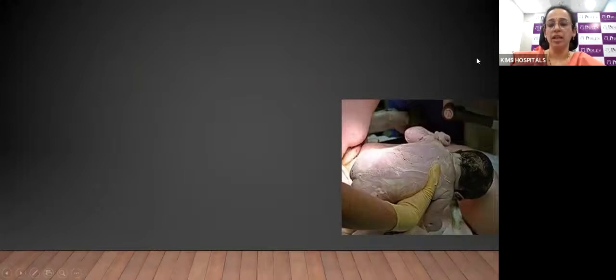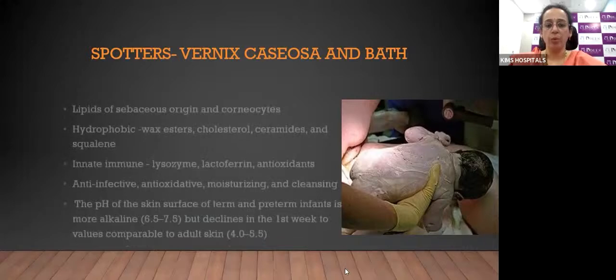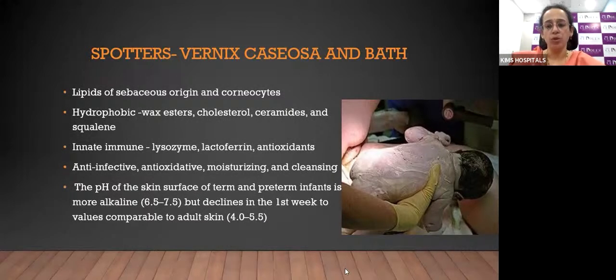So this is commonly seen after the birth of any term baby. We can see a white layer on the surface of the baby. This is the vernix caseosa. The vernix caseosa helps in protecting the skin of the baby by preventing hypothermia. It is composed of both water and lipids of sebaceous origin and also a few corneocytes.